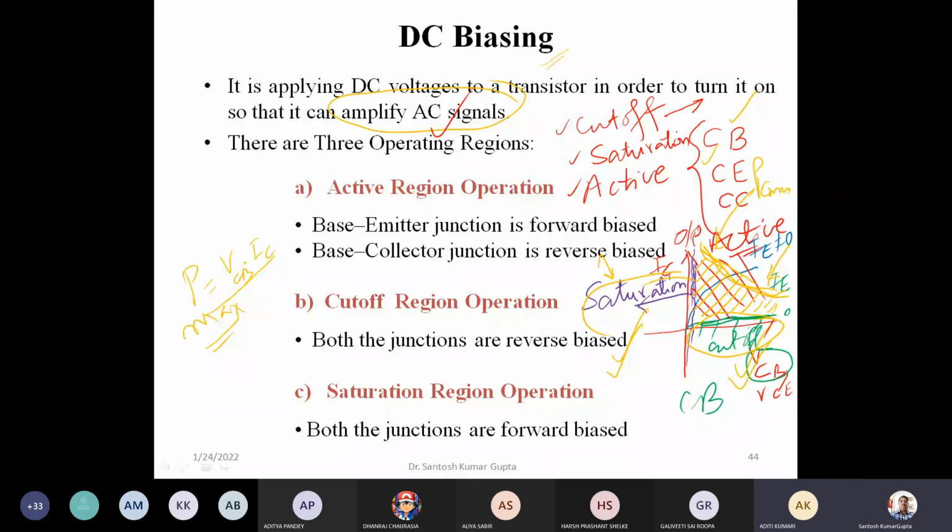In the active region, as we have already advocated, the base emitter junction is forward biased and the base collector junction is reverse biased. Also, below we can see the cutoff and saturation region operations defined.